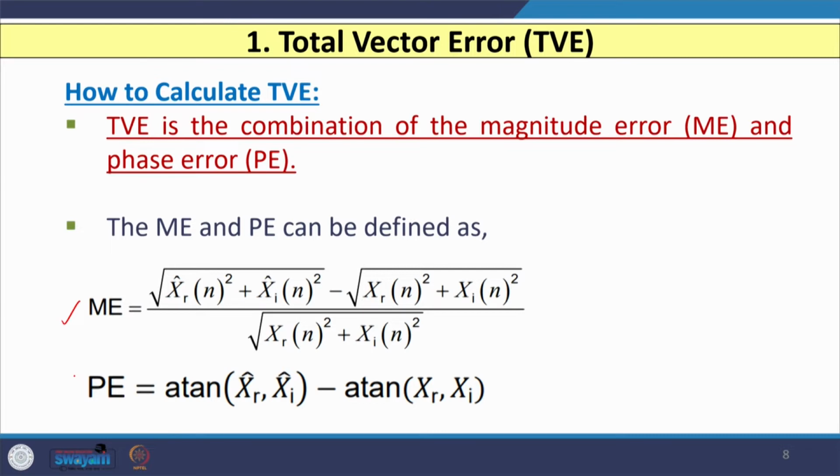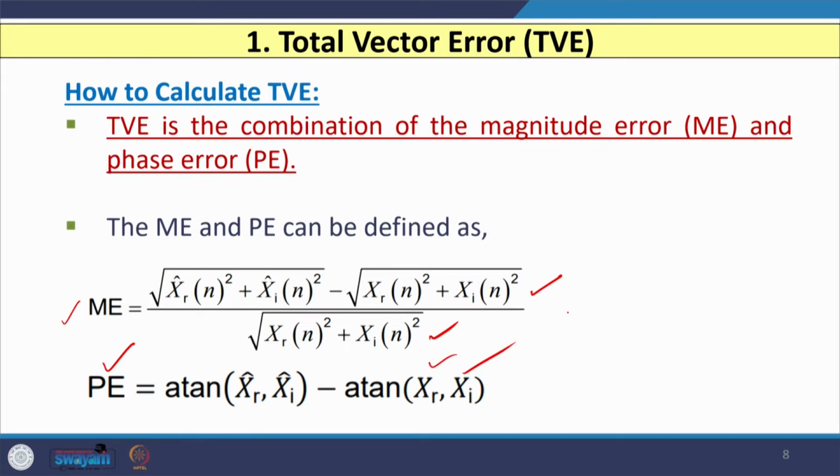Magnitude error ME is given by, in the numerator, the square root of xr hat n square plus xi hat n square, where n is the particular sample number, minus the square root of xr n square plus xi n square, divided by, in the denominator, the square root of xr n square plus xi n square. And the phase error Pe is given by the arc tangent of xi hat over xr hat minus the arc tangent of xi over xr.